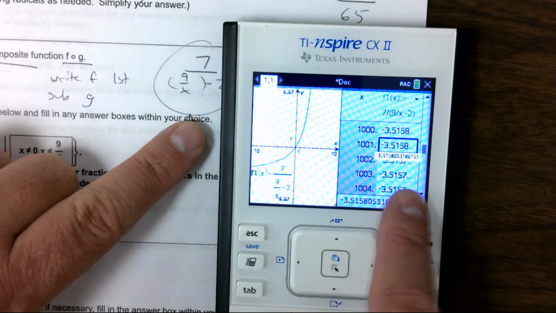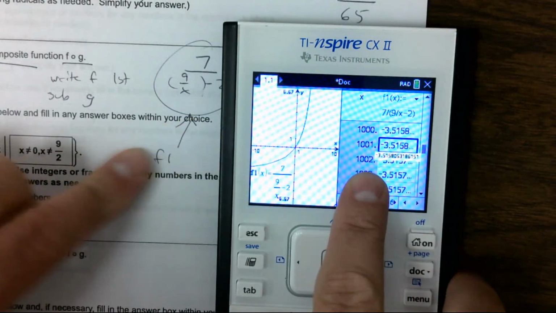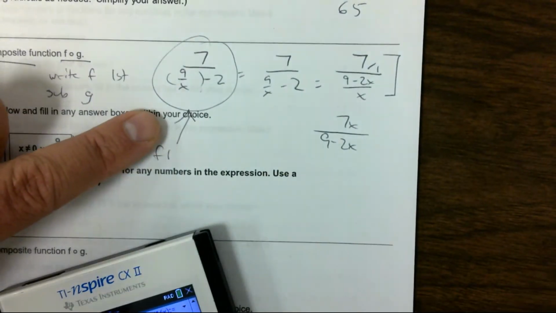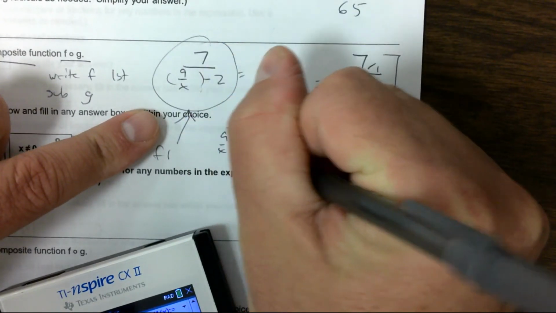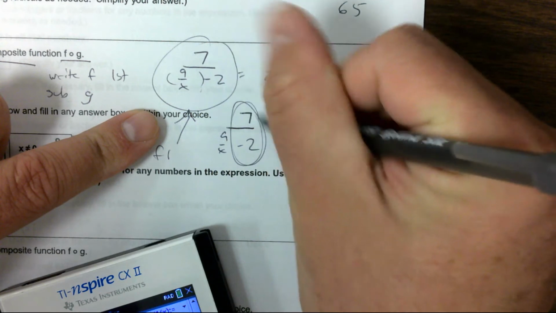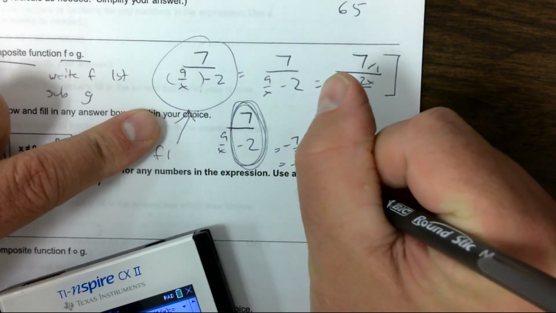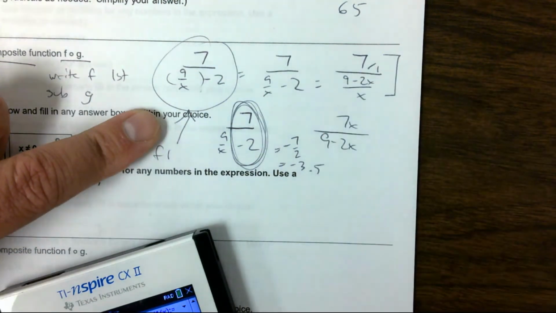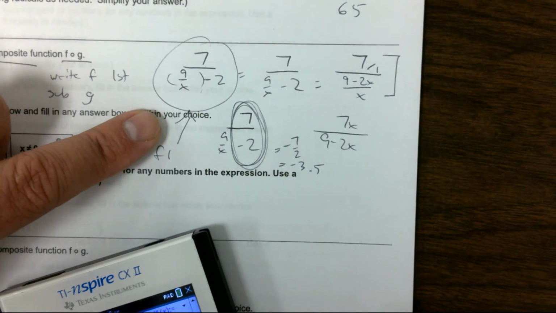Now, let's think about why that would be. I'm not really surprised. What you do is if you have 7 over 9 over x minus 2, this part right there is what gives you your negative 7/2, or negative 3.5. So that's your horizontal asymptote part.